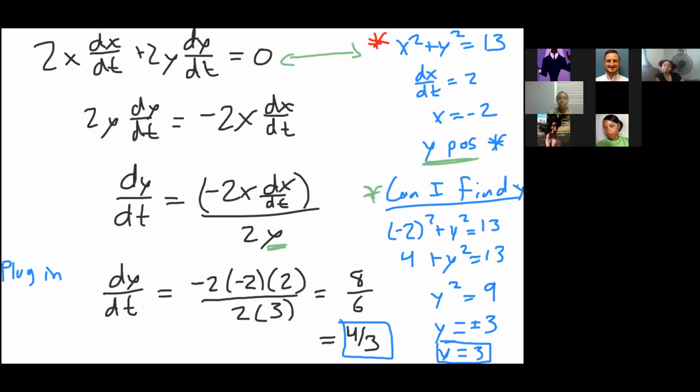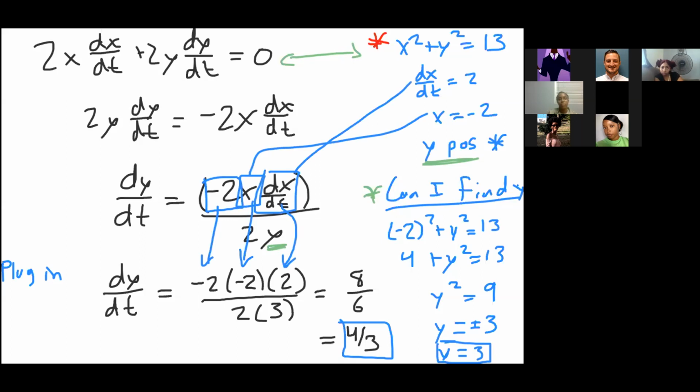Oh, yeah. So I look at what I have. I have a -2. See right there? I have my x, which we said we care about when x is equal to -2. And then my dx over dt, which is a +2. So dx over dt, x, and then already -2 from the equation itself.